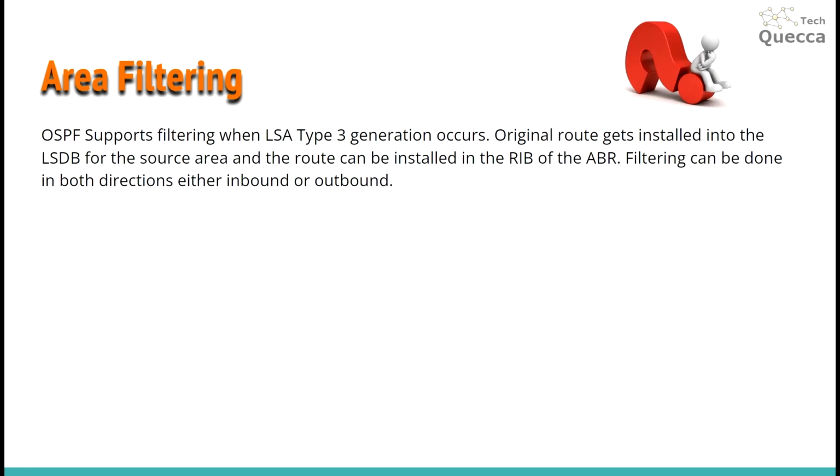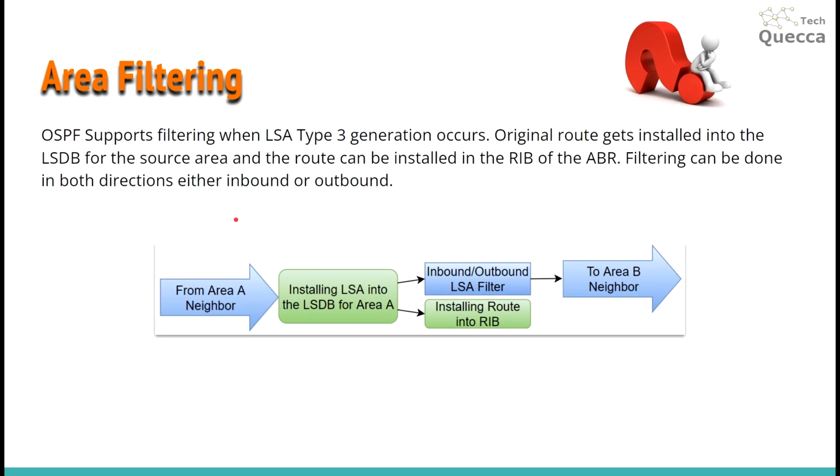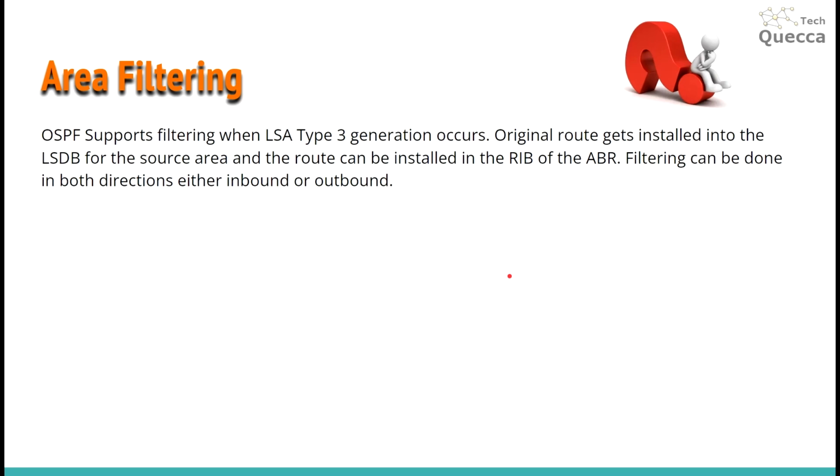Filtering can be done in both directions, either inbound or outbound. You can see when router receives LSA from area 0, it installs it into LSDB for that area, and then installs into the routing information base. And it can be filtered inbound or outbound.